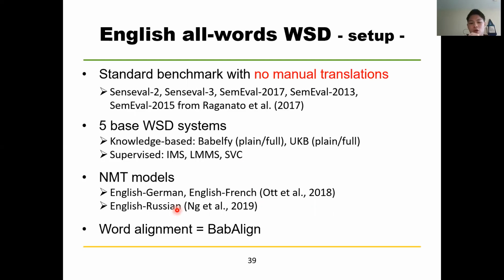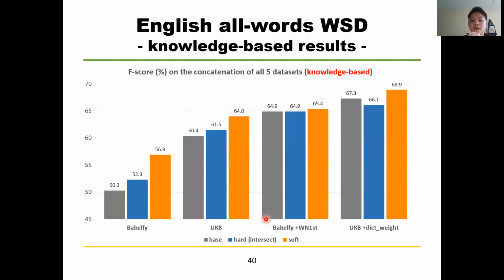And as usual, we perform word alignment by using BabAlign after translating the source sentences. And here are the results on the knowledge-based systems, UKB and Babelfy, on the concatenation of all 5 datasets. As you can see, HardConstraint sometimes fails to show improvements due to the noise in translations and BabelNet.